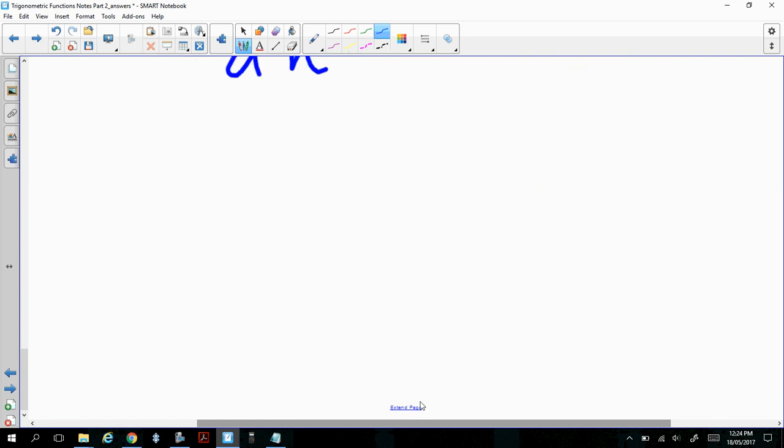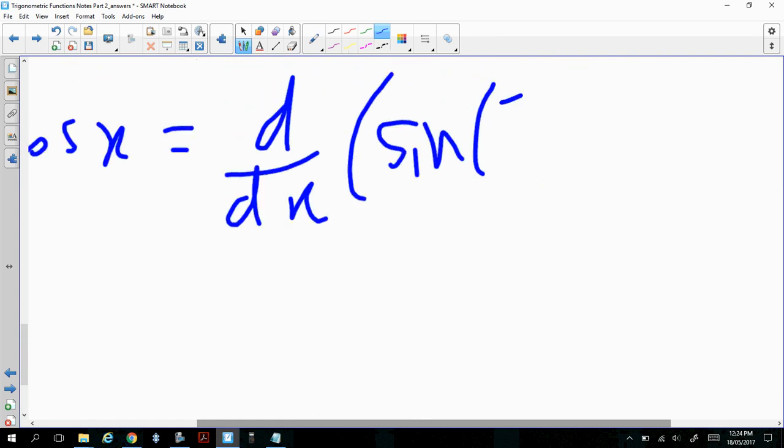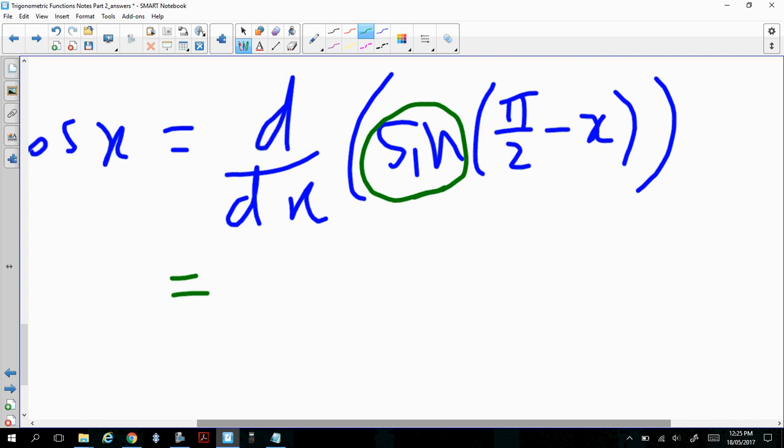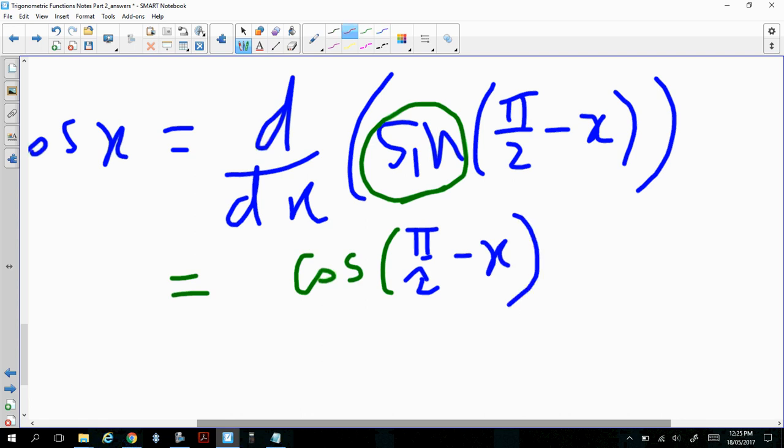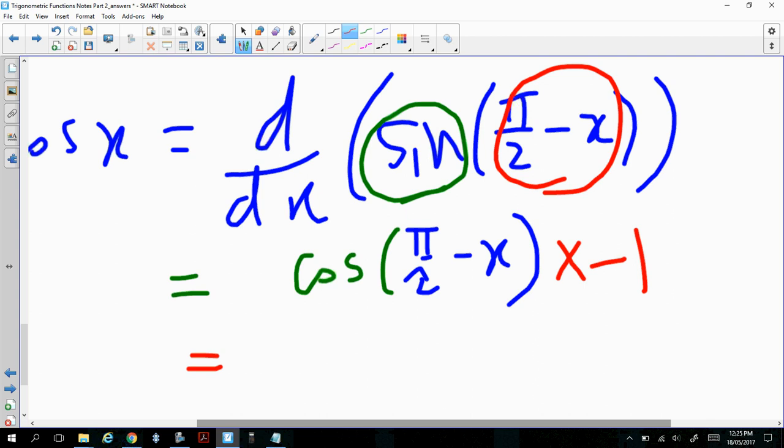And if we differentiate that, we know derivative of sine is cos of pi over 2 minus x. And then we times by the derivative of that using the chain rule, -1. So we got negative cos pi over 2 minus x, and negative cos of the complement just becomes sine.